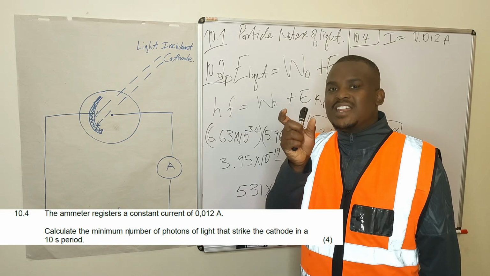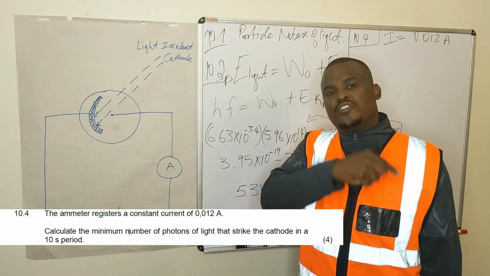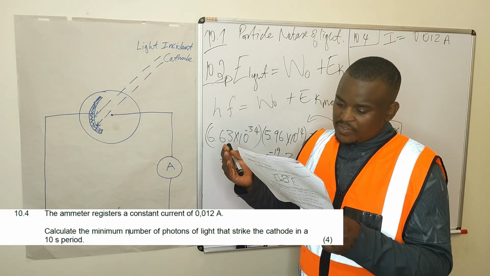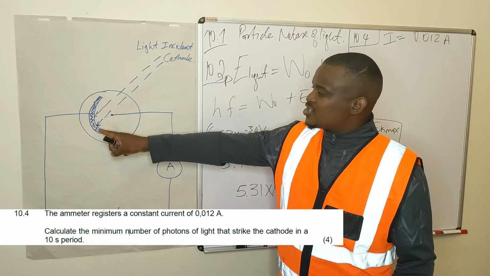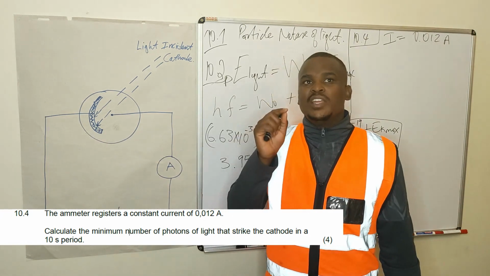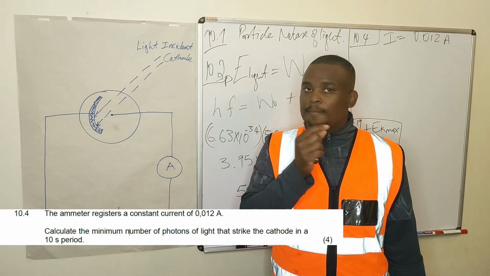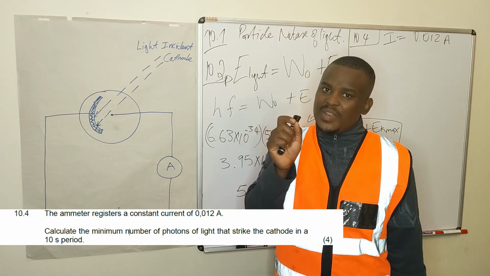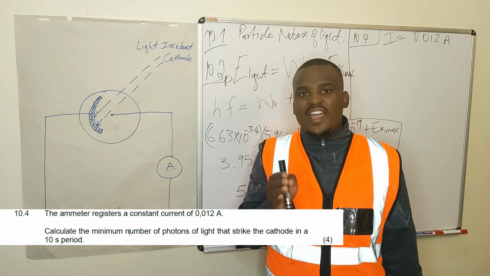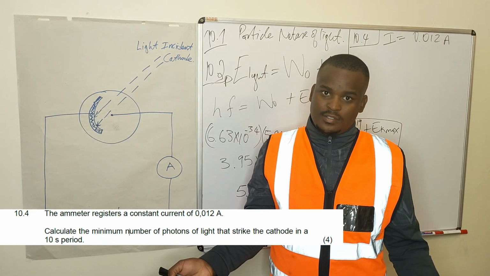Once you have that, you will have the number of photons that struck this cathode, because each photon knocks out one electron, because we said the work function is the minimum energy each incident photon should have in order to emit or liberate electrons from a metal surface, right?